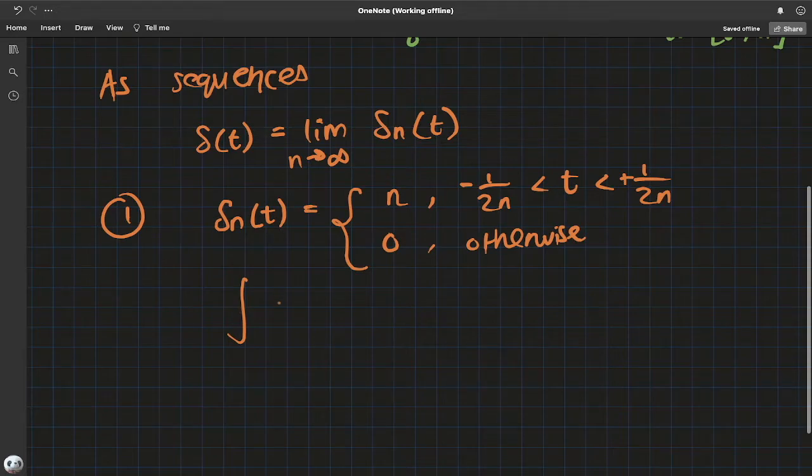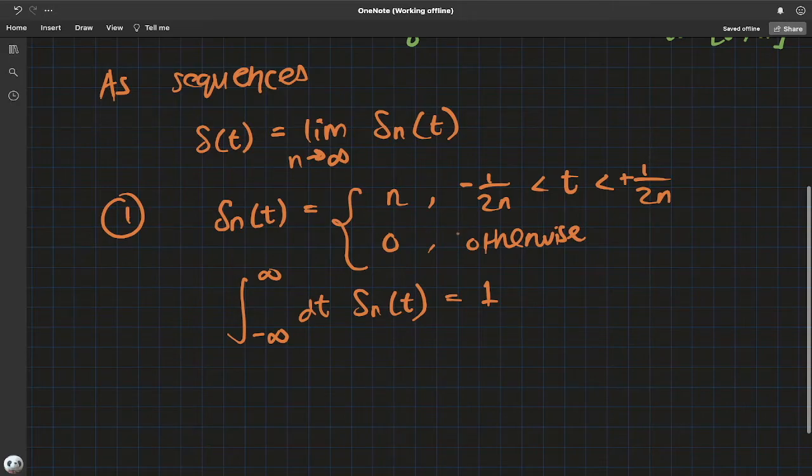One thing that's pretty clear is the integral of this is 1. If you take the limit as n goes to infinity, you can see the height goes to infinity, and this range for t shrinks down to 0.